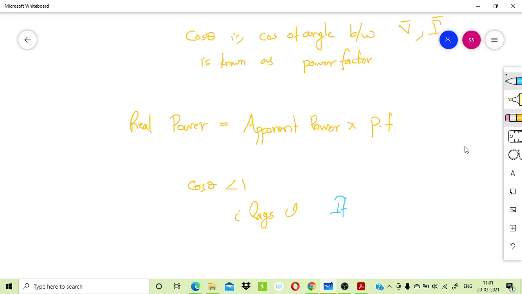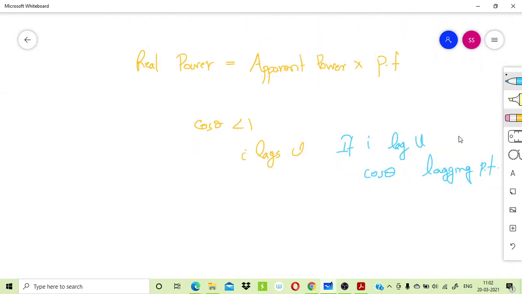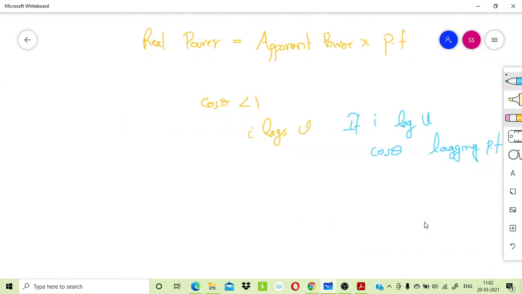That means if I lags V and you find the cos theta, this is known as the lagging power factor, lagging PF, and it is always positive.